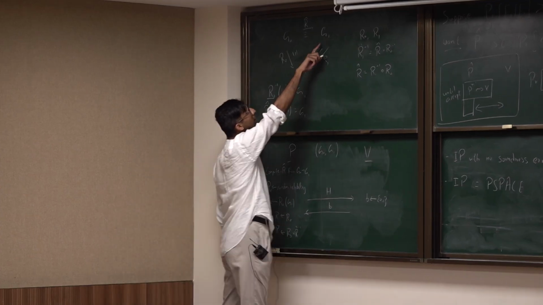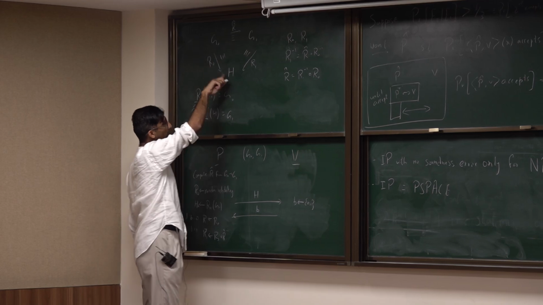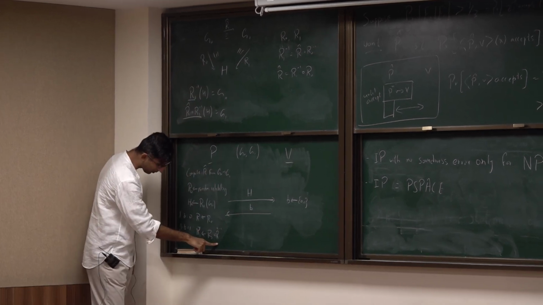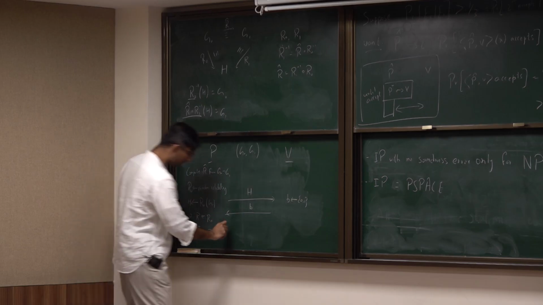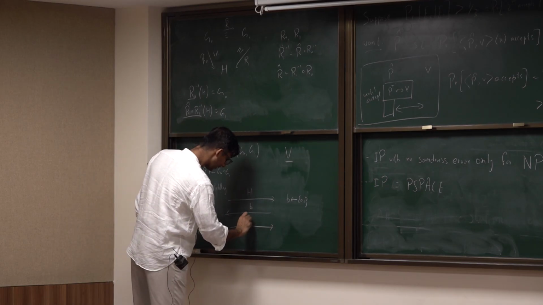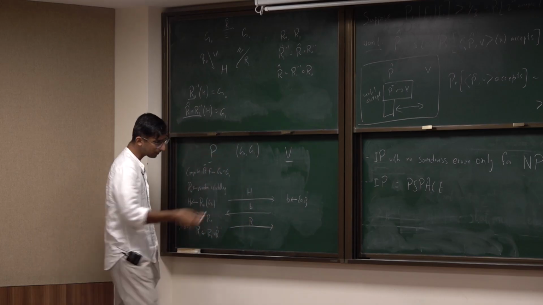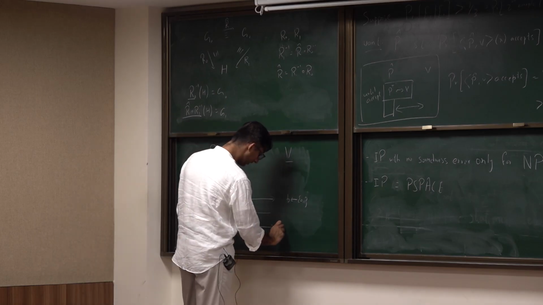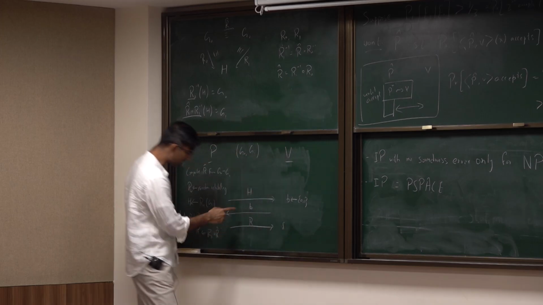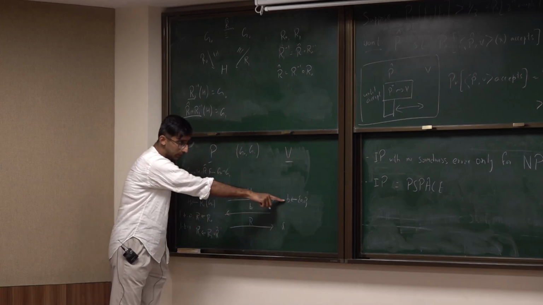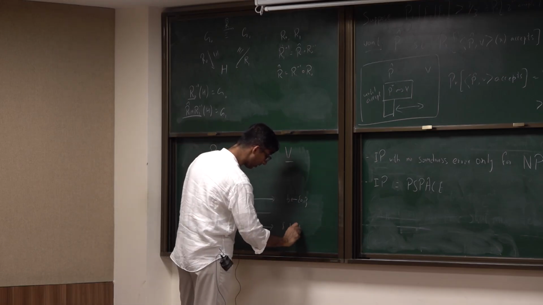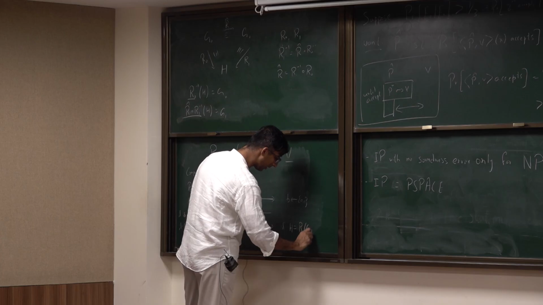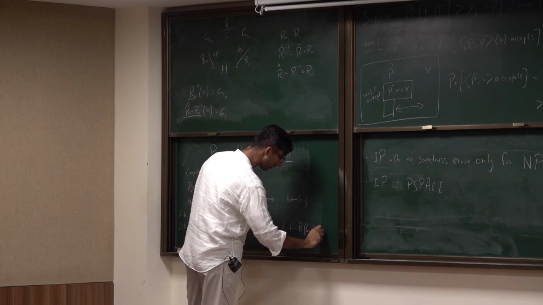Yeah, you start from G1, R hat inverse will go here and then R0 will go here. So you first apply R hat inverse and then I apply R0. Right, so I will send back, then the prover sends back this R, and then the verifier checks whether if you apply the corresponding R to the graph specified by GB, you get H. Right, so if H is equal to this R applied to GB, you accept.